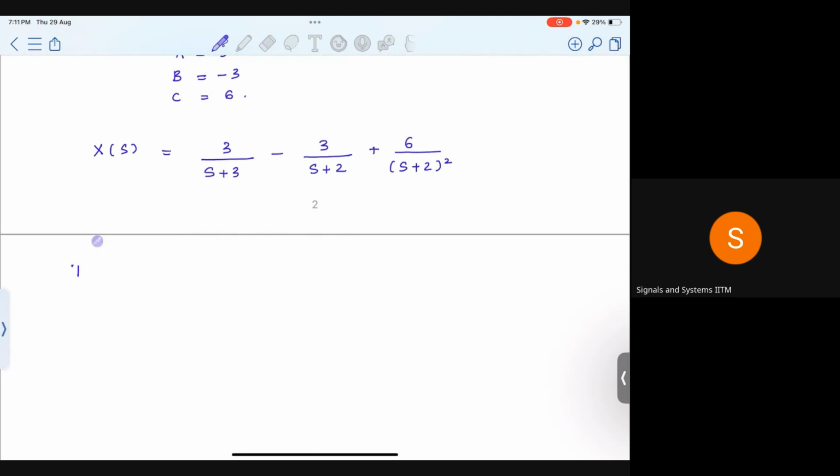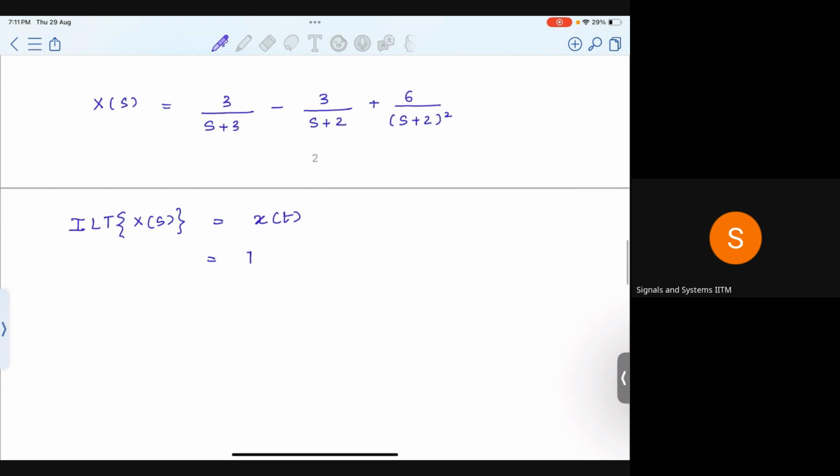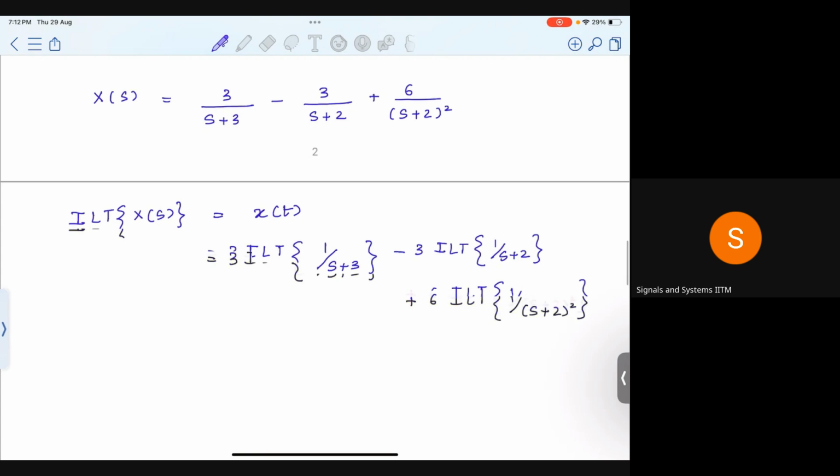So ILT of x of s is x of t, which is simply 3 times the inverse Laplace transform of 1 by s plus 3, minus 3 times the inverse Laplace transform of 1 by s plus 2, plus 6 times the inverse Laplace transform of 1 by s plus 2 square, right?